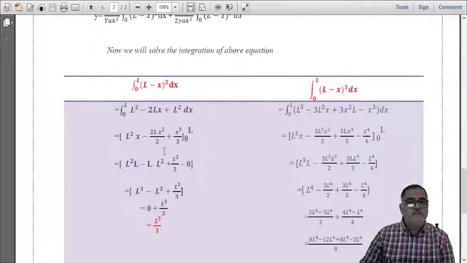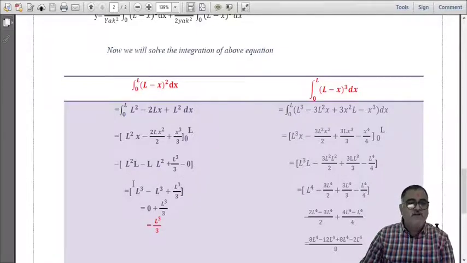Therefore, L square x minus twice Lx square by 2 plus x cube by 3, between the limit 0 to L. Here we take the upper limit L: L square into L, minus L into L square, plus L cube by 3, and the lower limit is 0, so we subtract 0.